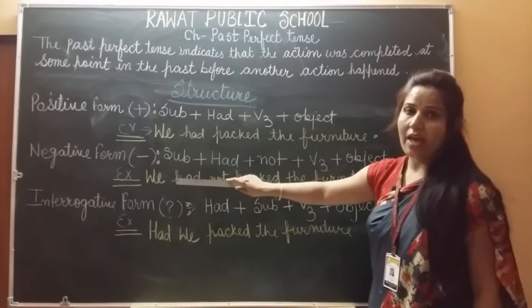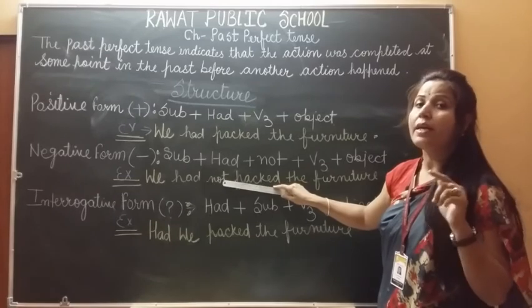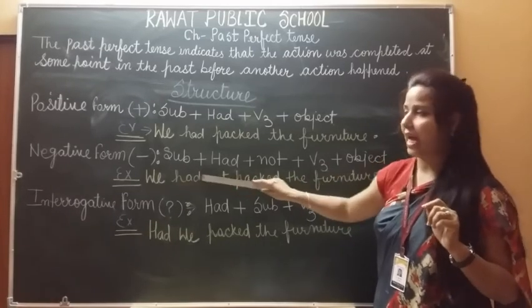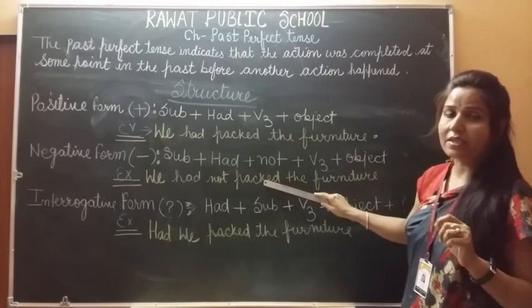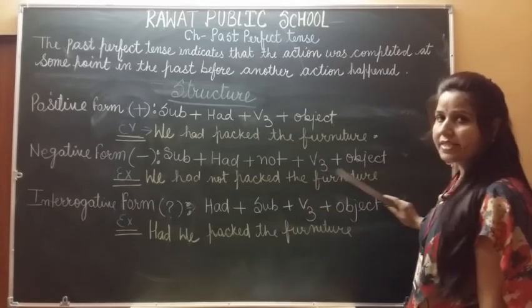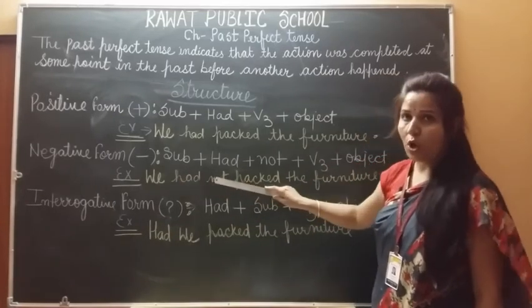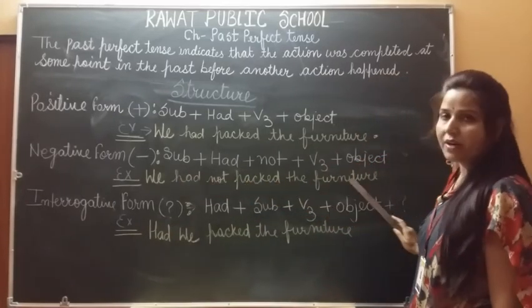So we had, then we will write not because it is a negative sentence. So we had not packed, the third form is packed, then the furniture, it is an object. So my sentence will be we had not packed the furniture.